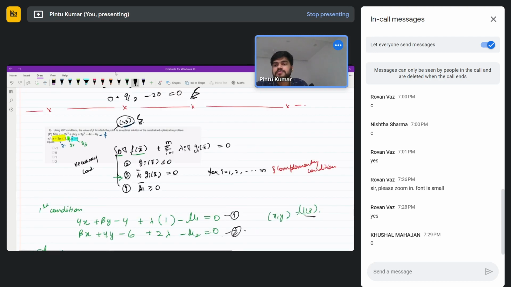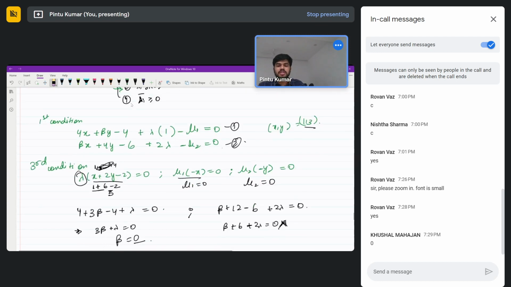Okay, so if we change the question a bit and make this point half and 3 by 4, I think I made a mistake in writing the question. So let's try solving it then.